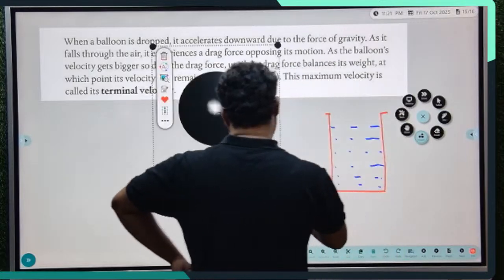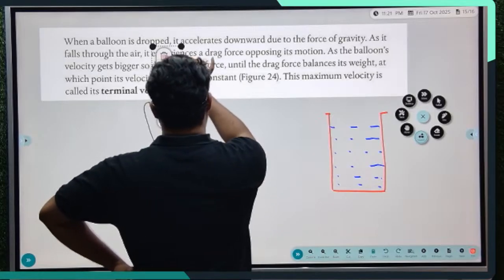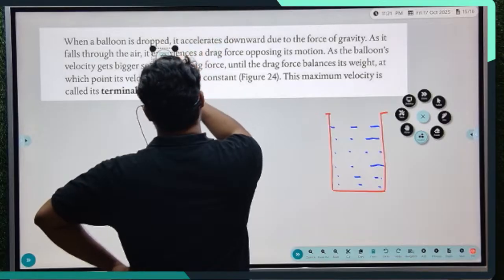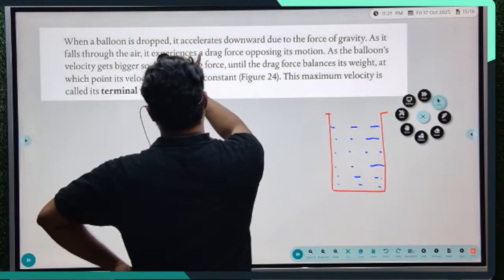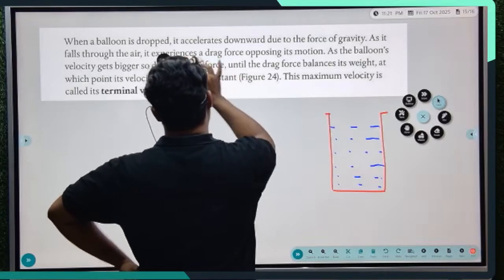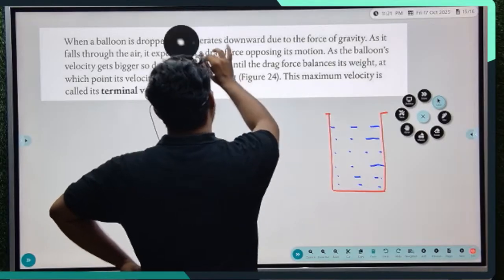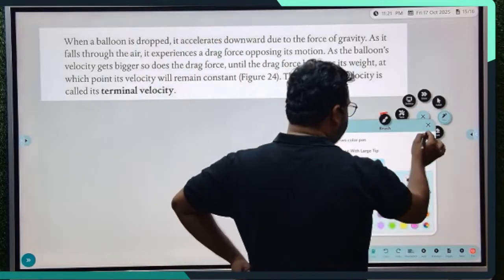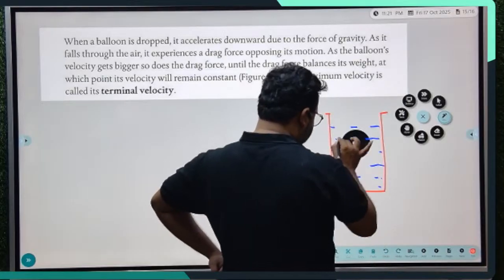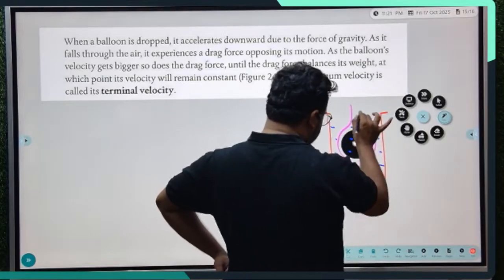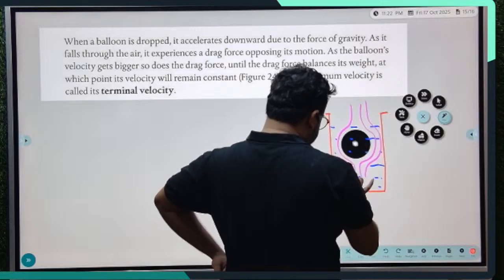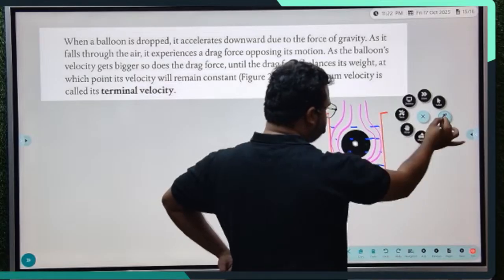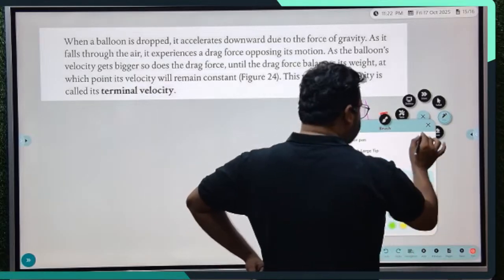If you drop a ball in it, these are the upthrust forces.